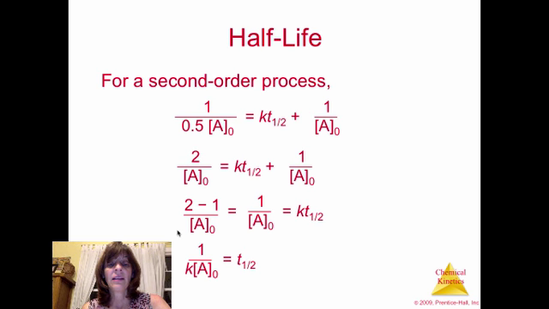Then you can subtract 1 over the original concentration. So you're subtracting 1 over the original from both sides. That leaves you with 1 over the original concentration equals the rate constant times t 1/2. In this case, it does depend on the original concentration when it's a second order process.